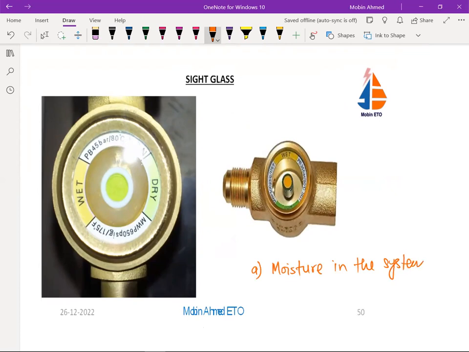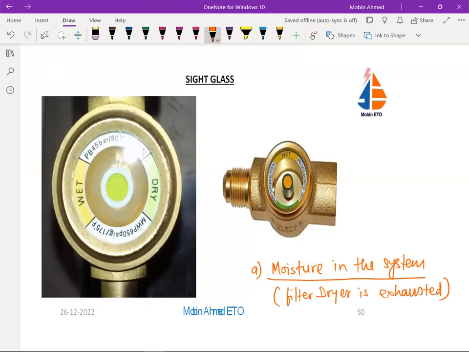If there is moisture in the system, that means your filter dryer is exhausted. Exhausted means it is not working now. Okay, already it is finished. So you need to change it.